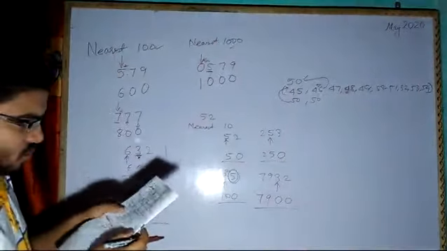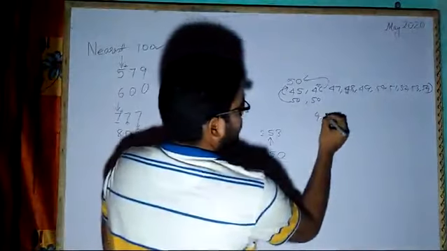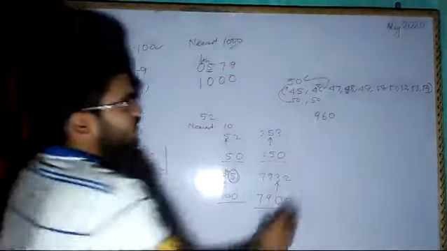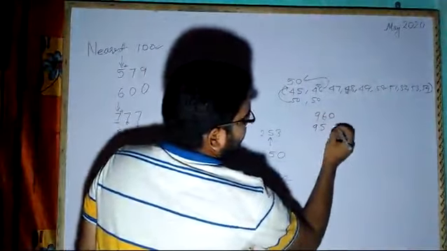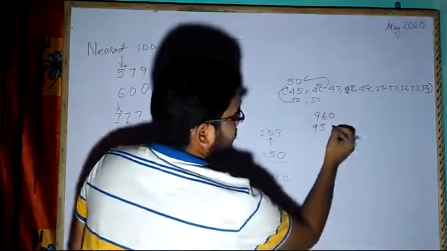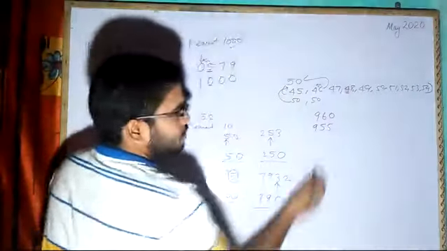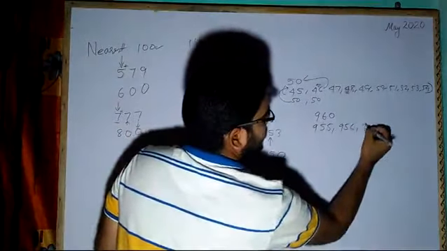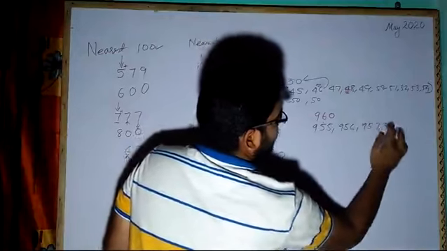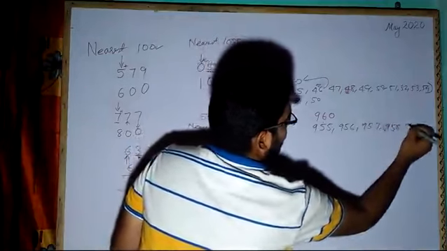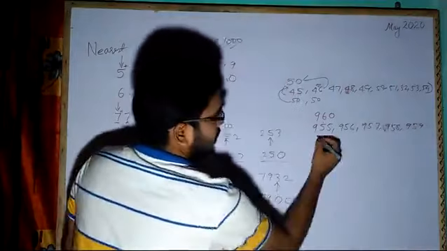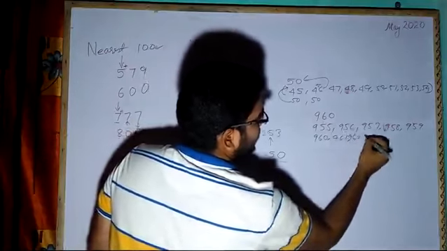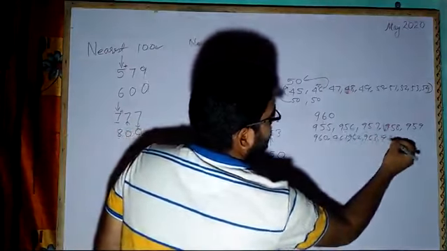Now the second part in this only, they are saying rounded off to tens position, which all numbers will be rounded off to 960. Now if it is like 955 will be rounded off to 960, 956 will be rounded off to 960, 957, 958, 959, then 960, 961, 962, 963, 964.